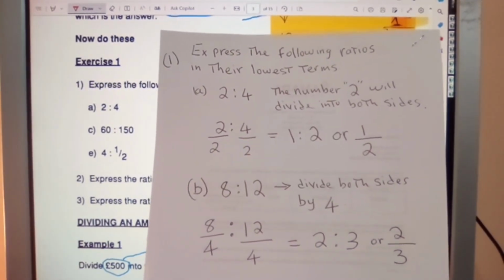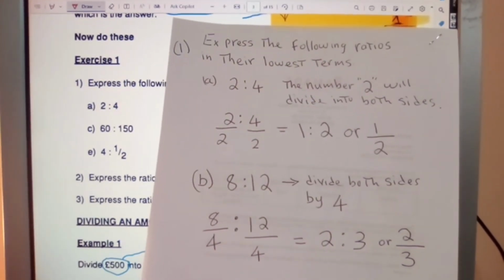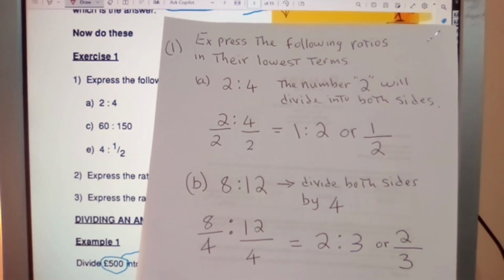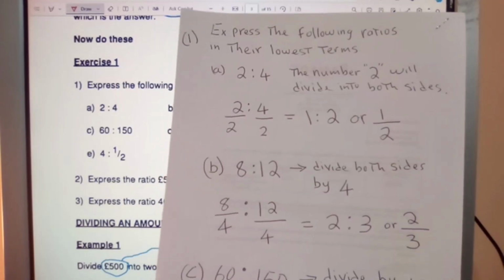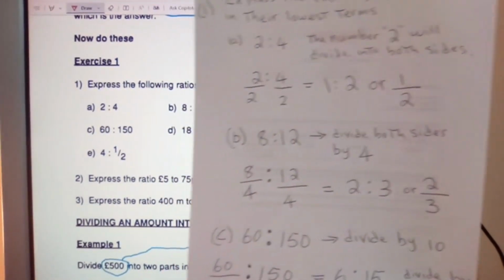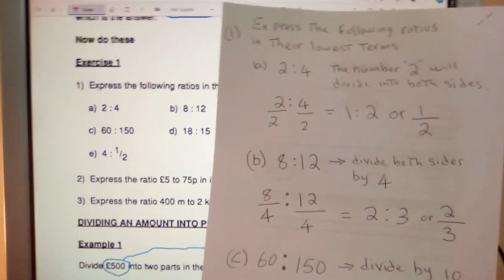The number 2 will divide into both sides. So what I've done here is divide 2 by 2 equals 1 and 4 by 2 equals 2, or I can represent it as a half, okay? Now I've gone on to B, which is 8 to the ratio of 12.